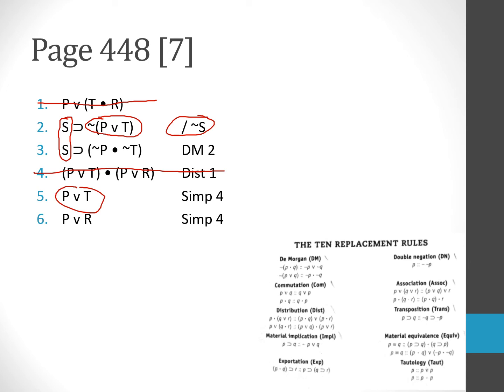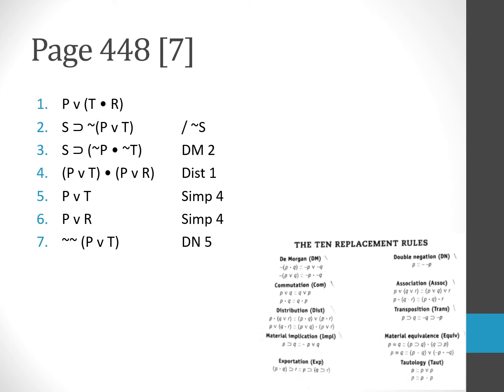So the next move I'm going to do is I'm going to double negate 5. So that gives me my not P or T, and that allows me to do modus ponens and modus tollens. And just to point out, I can do modus tollens because remember, modus tollens is if P then Q, and this whole thing is my Q. Negation and all is my Q. So in this case, my Q only encompasses the first negation.